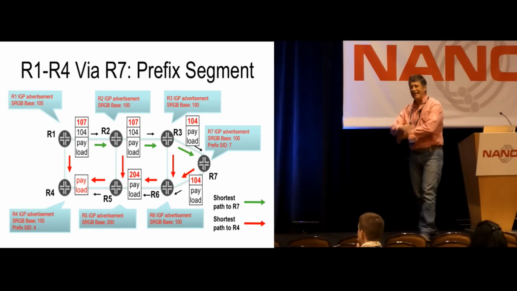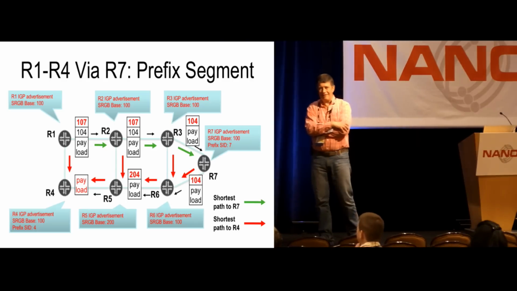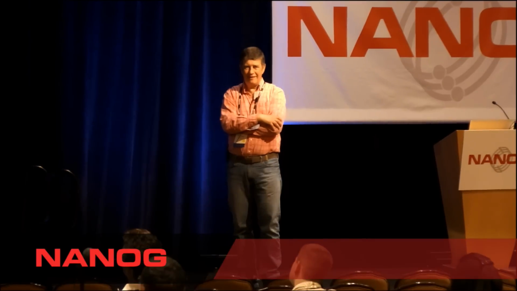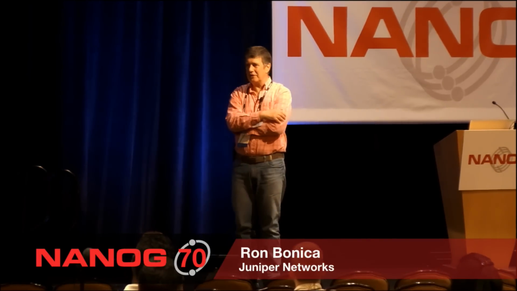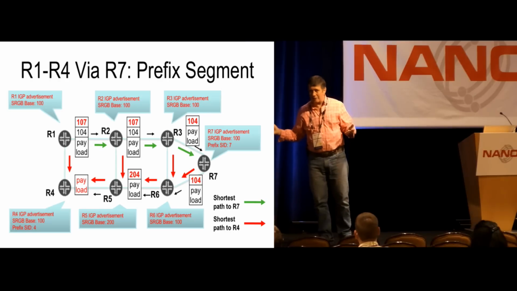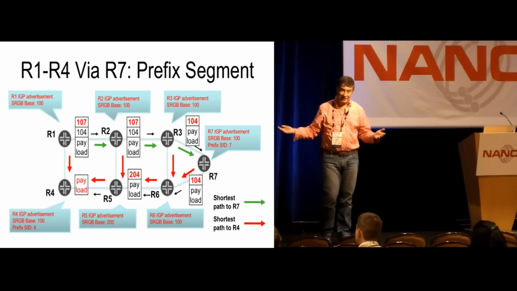What happens if R7 reboots and a packet is in flight? Discard. There's nothing you can do because the state is in the packet. The packet says it's got to visit R7, and R7 ain't there.